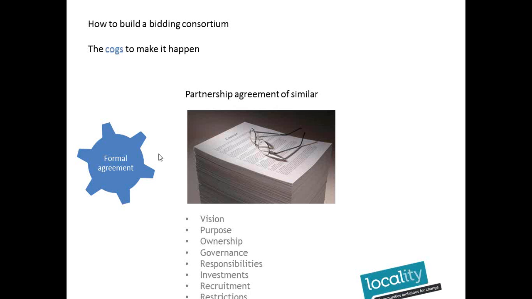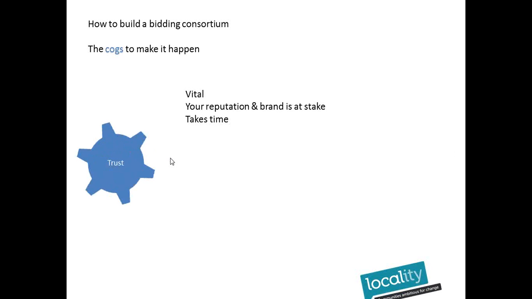We've got templates we could send you for a more detailed partnership agreement, but it depends how involved you are at that stage of the process. But as mentioned throughout, formal agreements are as useful as the softer things like trust and personal chemistry and relationships.